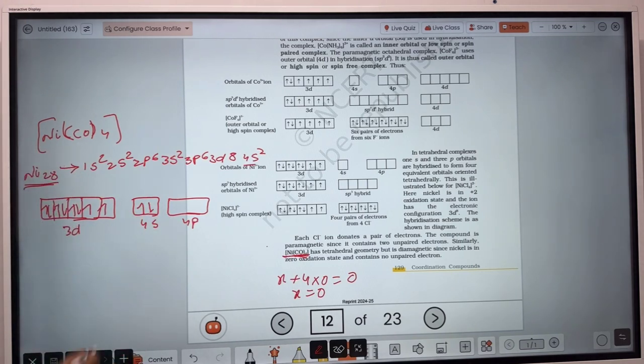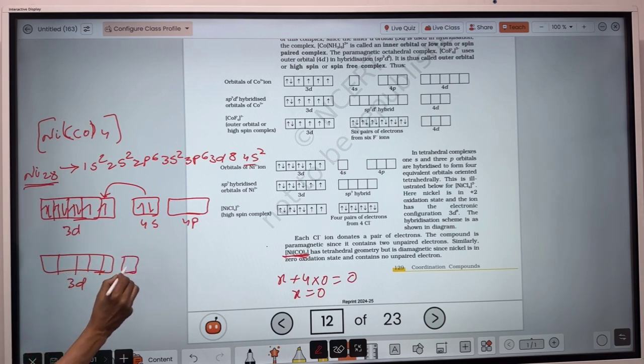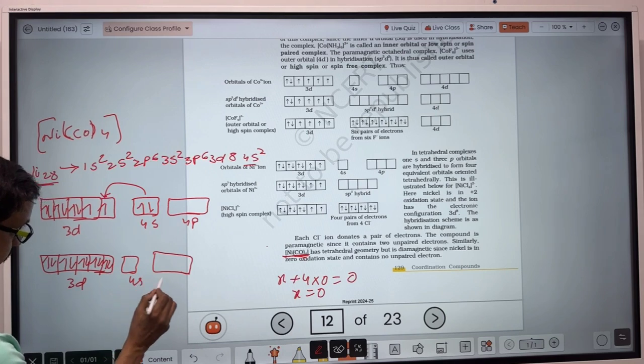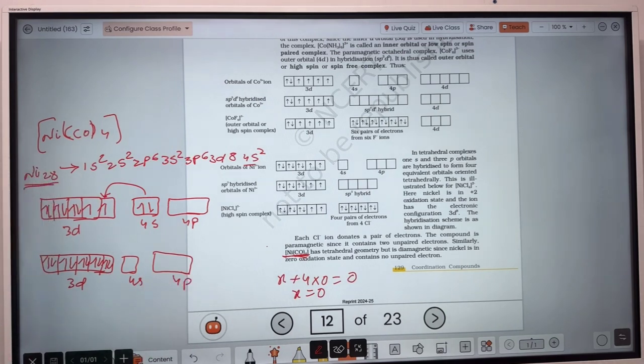During the bond formation, this electron will fall into this one, so this 3d orbital will become fully filled. When carbon monoxide will come here for the bond formation, the electron from 4s will fall into 3d and all the electron will become paired.